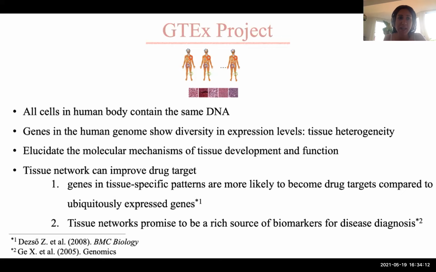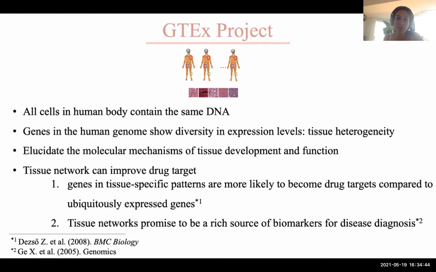In fact, genes in the human genome can show diversity in expression level, demonstrating this tissue heterogeneity. And this is quite important because it can elucidate the molecular mechanisms of tissue development and function, and also tissue networks can improve drug targets.